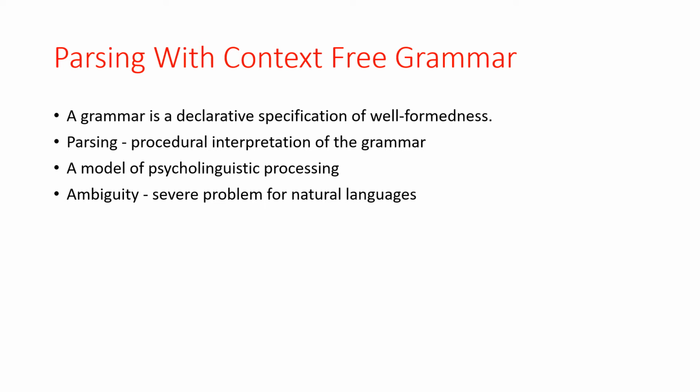Ambiguity is an astonishingly severe problem for natural languages. When researchers first started building reasonably large grammars for languages such as English, they were surprised to see that sentences often had a very large number of possible parse trees. It is not uncommon for a moderate-length sentence to have hundreds, thousands, or even tens of thousands of possible parses.